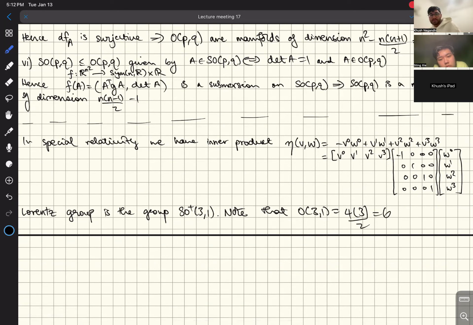I'm very sloppy right now. So this is 4 times 3 divided by 2, which is 6, which then means that the Lorentz group has dimension 5. But actually that sounds wrong. Hold on, let me just check.